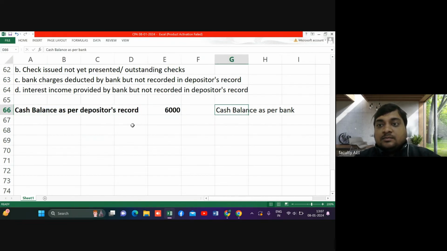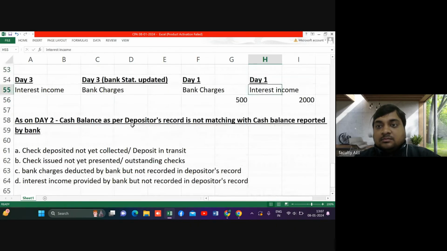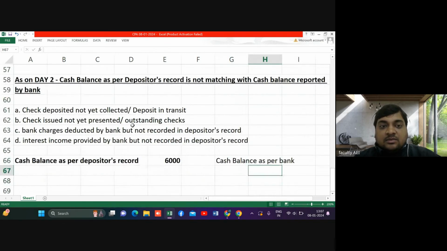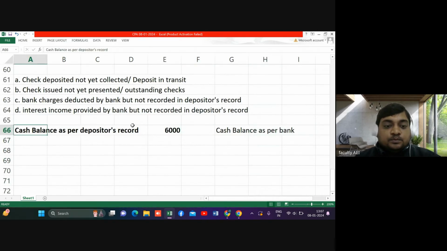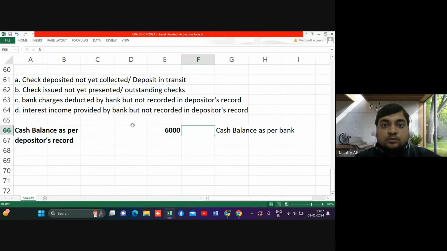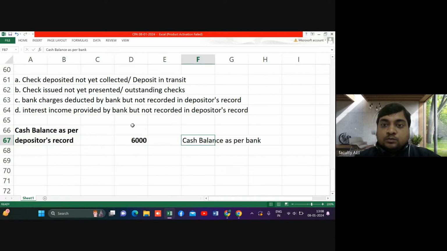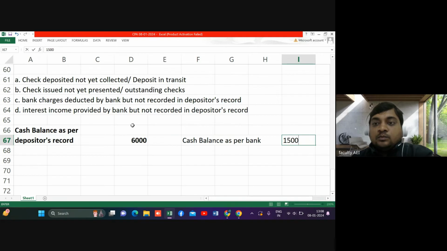And cash balance as per bank, 2,000 they have provided and 500 they have deducted. So that is coming to 1,500.